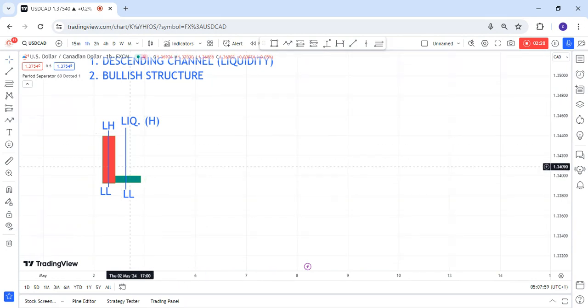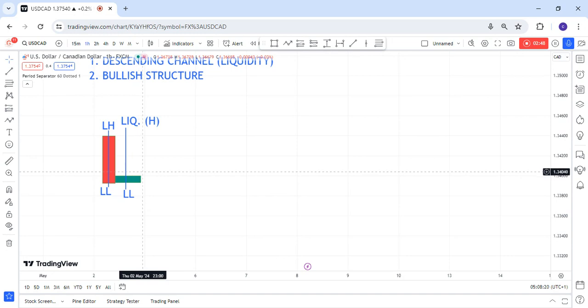We have a gravestone doji. What the gravestone doji did was put in a lower low, took liquidity, and came to the downside. But when it came to the downside, look at what happened. It did not close below the previous lower low, so it produced a gravestone doji.